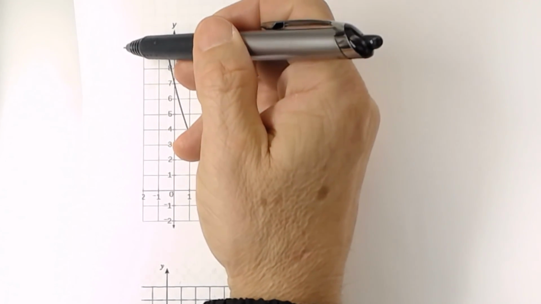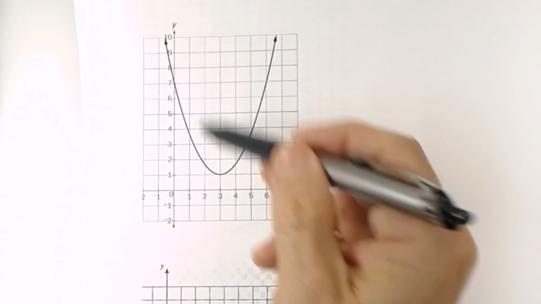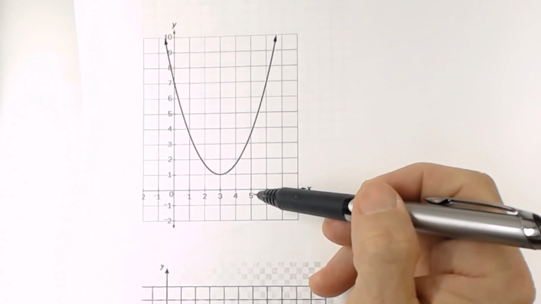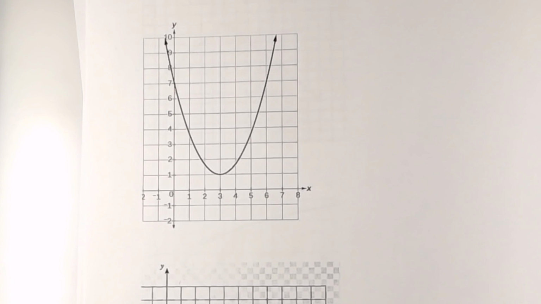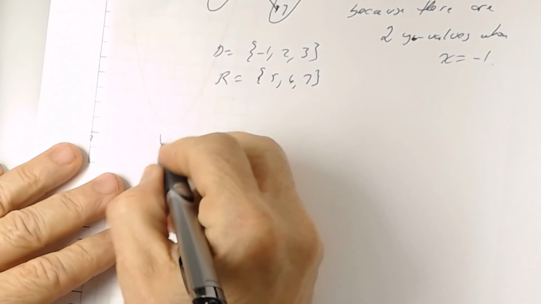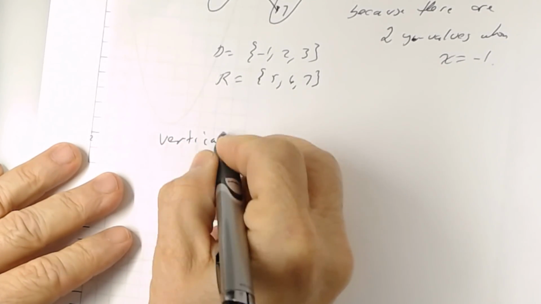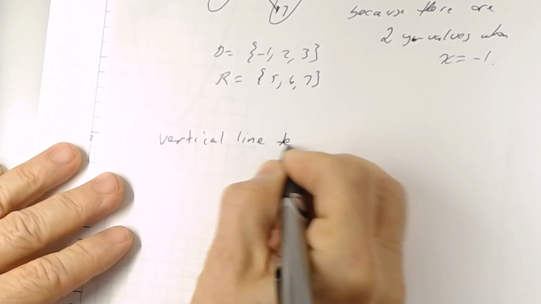There's an easier way, though, when you have a graph, to determine whether it represents a function or not. And that's to look at this in terms of the vertical line test. Remember, the definition of function: for each x coordinate, there's how many y coordinates? 1.